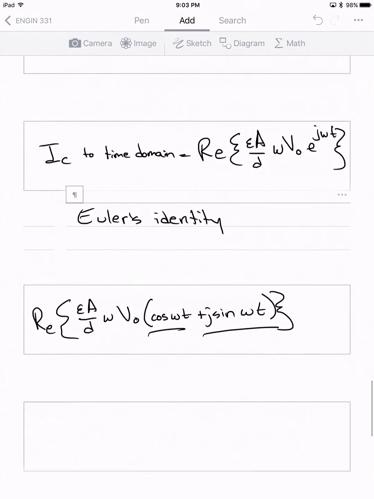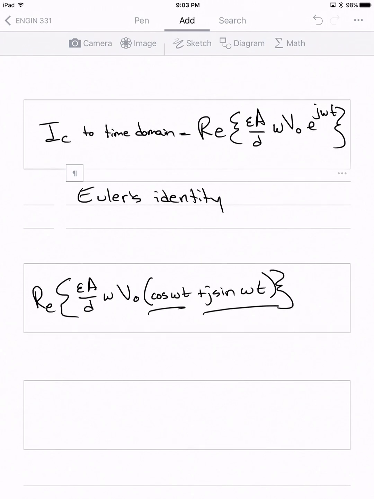So in that case, we get the same answer as we did for the time domain conduction current. And we would get the same answer if we did the same thing for the time domain displacement current.